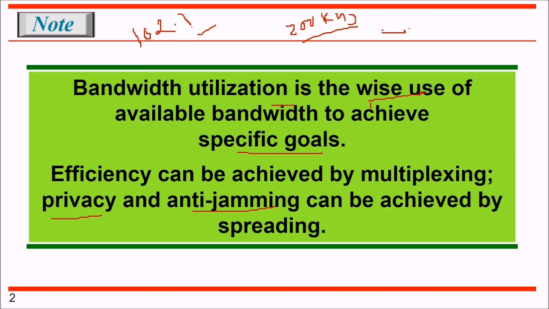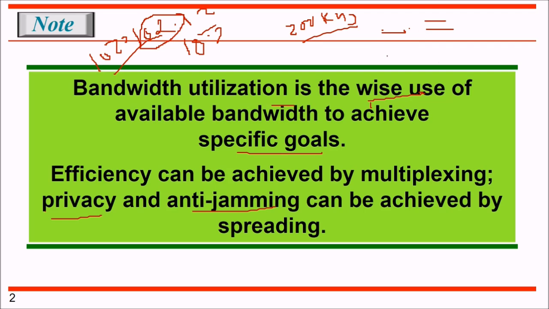Then what about the next one? Can it be 102.2 or can it be 102.0? Is it possible? We have specific frequencies that can be assigned. We need to utilize them in the best, most efficient manner.